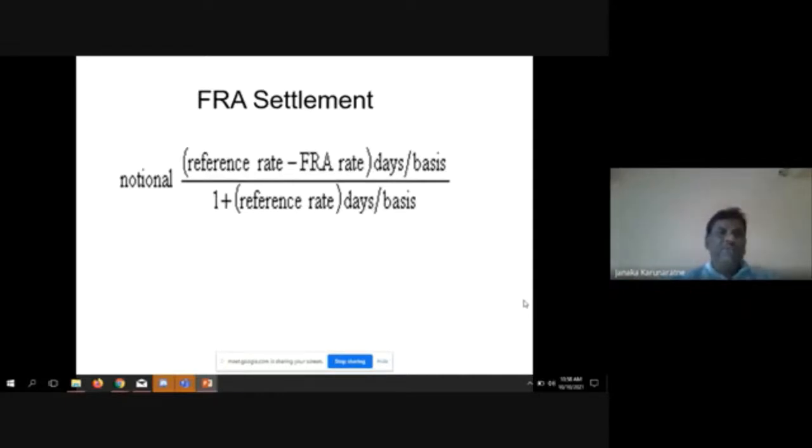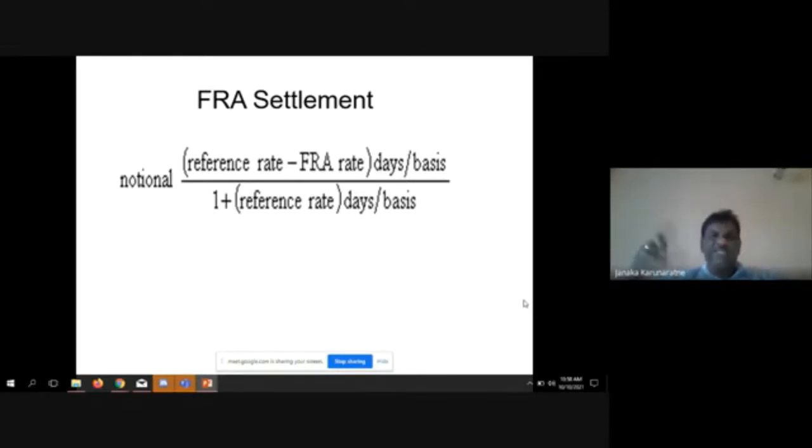You can use this formula for the computation of settlement value. FRA settlement equals notional value times reference rate minus FRA rate, where the reference rate is the current rate, times days for the loan.